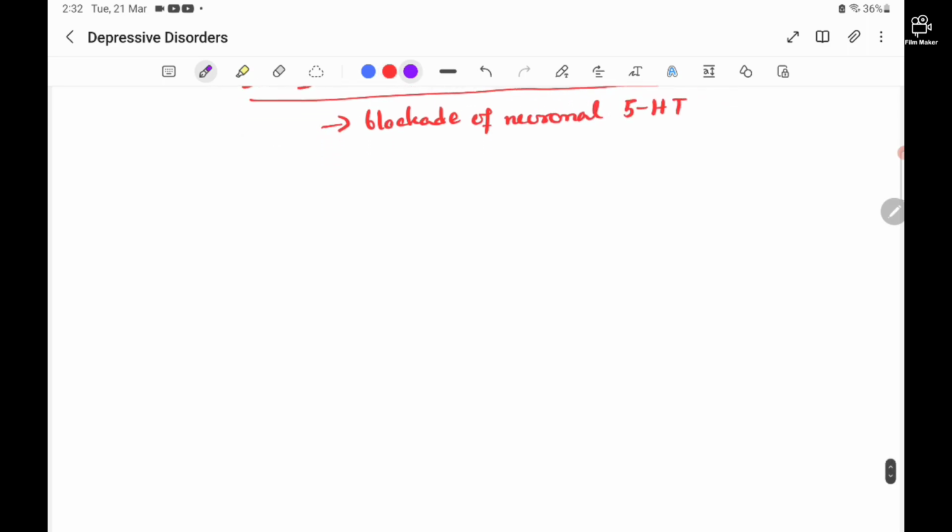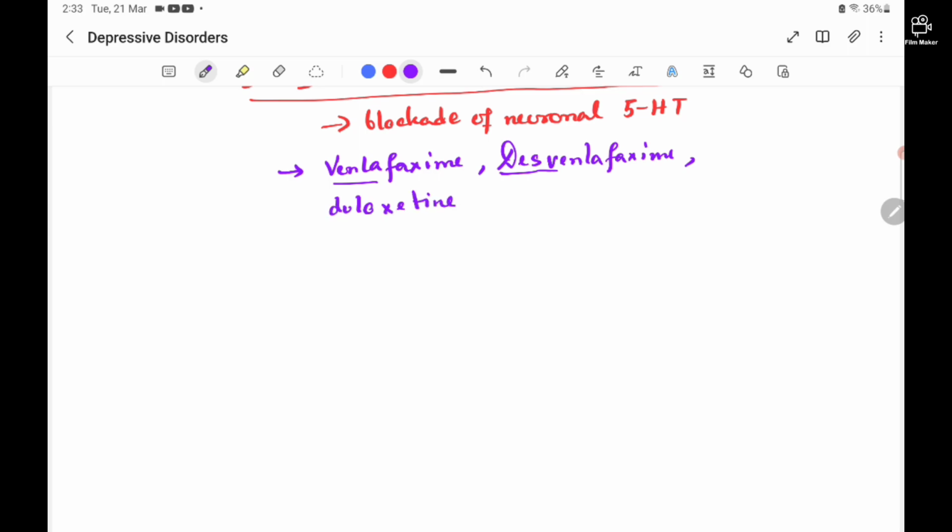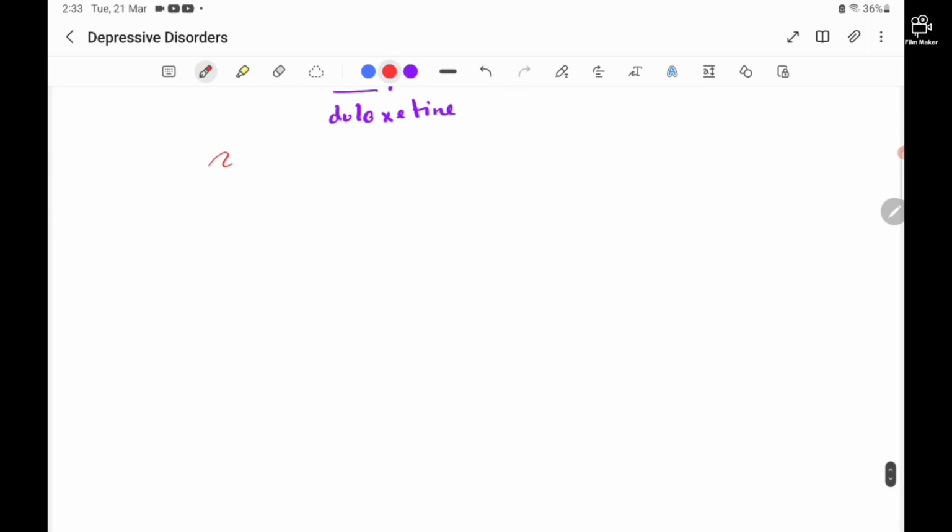A few mention-worthy drugs from this classification are venlafaxine, desvenlafaxine. See, very easy to remember. Venlafaxine and desvenlafaxine. And duloxetine. Next are the MAO inhibitors or monoamine oxidase inhibitors.